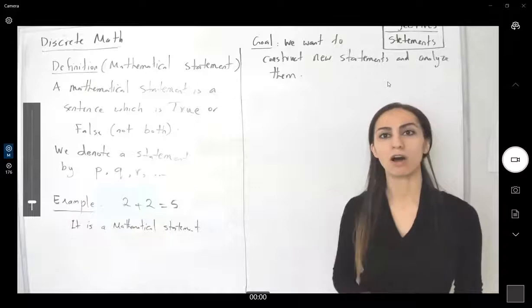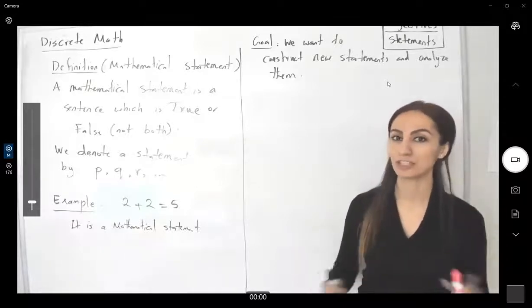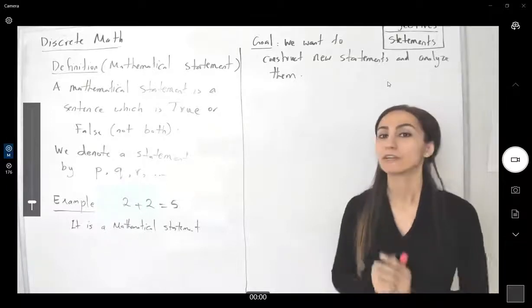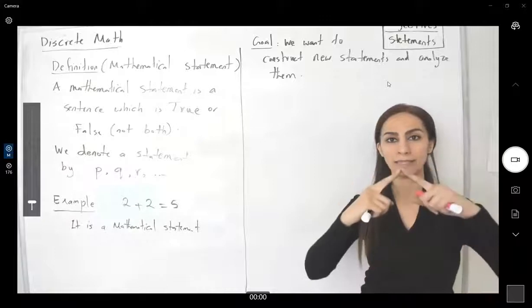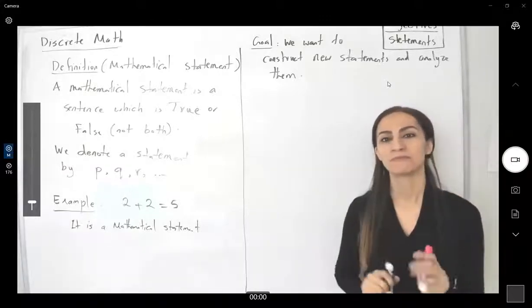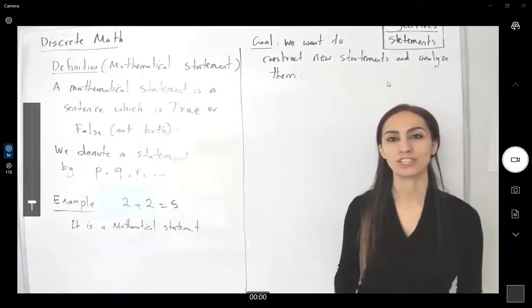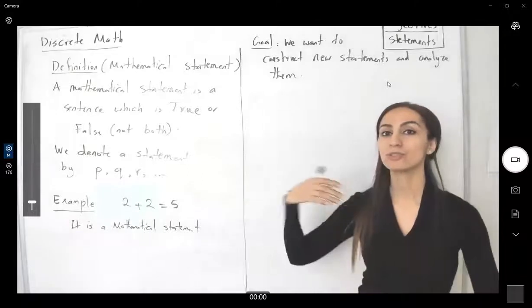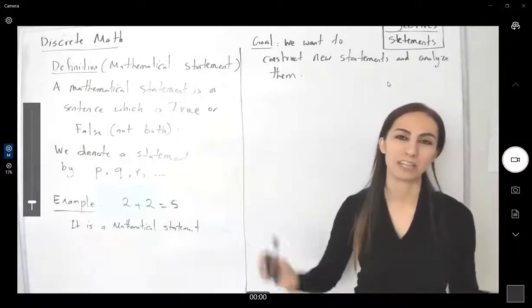The very first operation that we're going to talk about is negation. Then we're going to connect two statements together by and, then by or. And finally, we're going to use implication to connect two statements together.